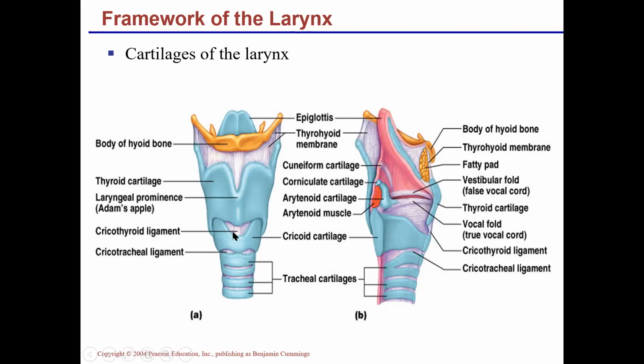And for us, we want to use this spot because it's easy to find. And also, if you go in from this spot, on the posterior side, you do have a very wide cricoid cartilage.